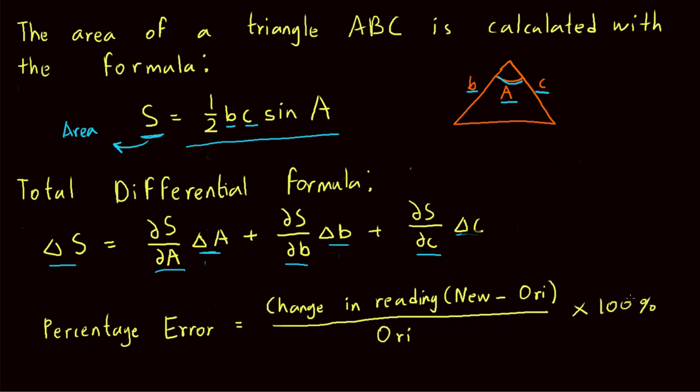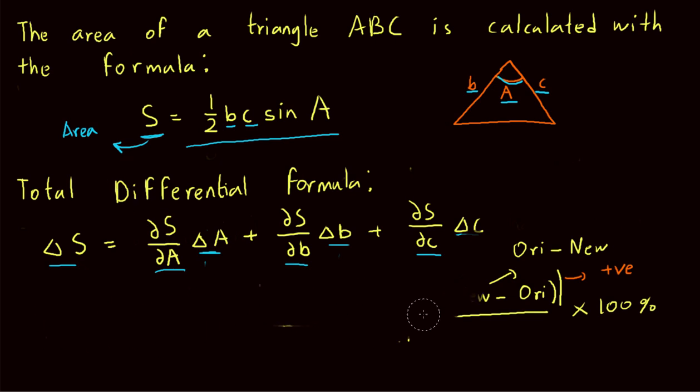That is the percentage error. Sometimes it can be new minus original or original minus new. It doesn't really matter which comes first, because the change will be in modulus, meaning the change will always be a positive value. So there's nothing to worry about. This is a recap on percentage error.